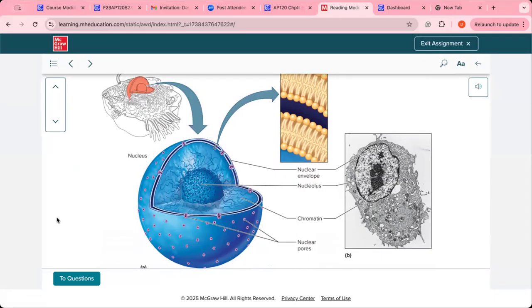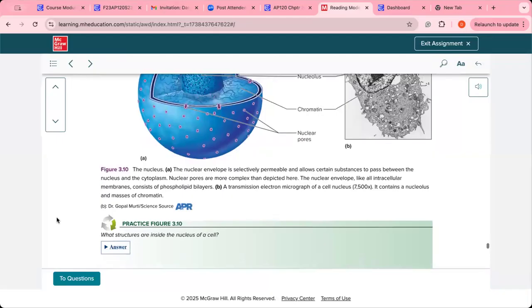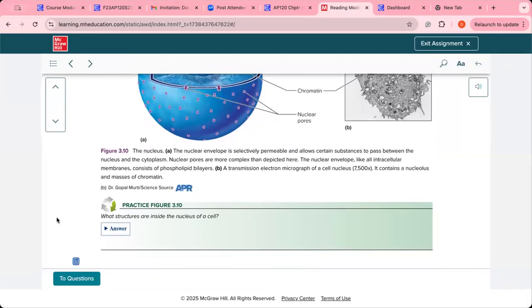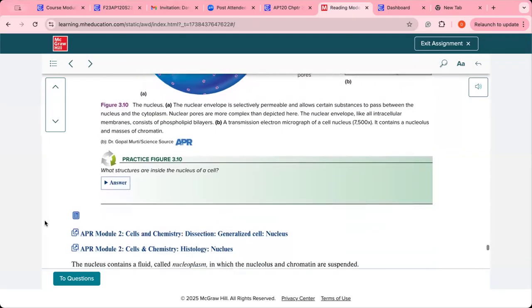And what's in it when the cell is not dividing? So that's the picture, but where's the nucleus, the nuclear membrane? The nuclear membrane consists of phospholipid bilayers. It contains the nucleolus and masses of chromatin. Okay.